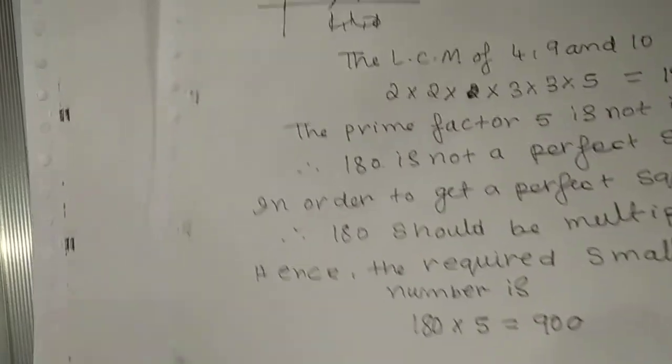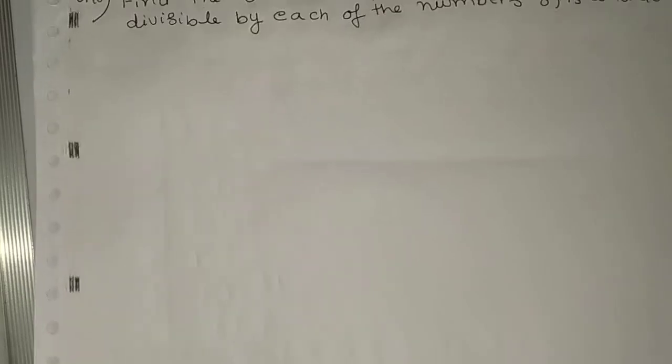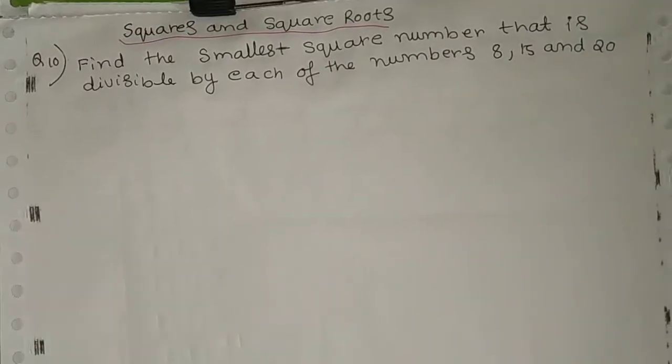We move on to the 10th one. Here the 10th one is: find the smallest square number that is divisible by each of the numbers 8, 15 and 20.